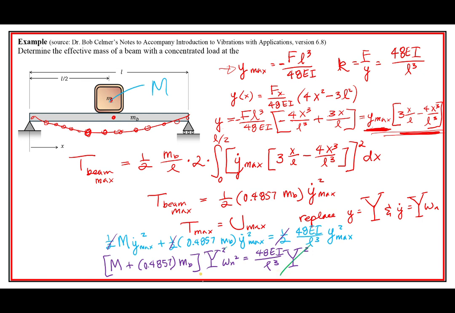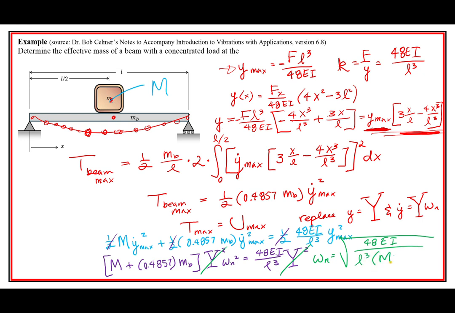These go away, and what we're left with is omega n equals the square root of 48 EI divided by L cubed, times big M plus 0.4857 MB. There's an L cubed, that's where the L cubed comes from.